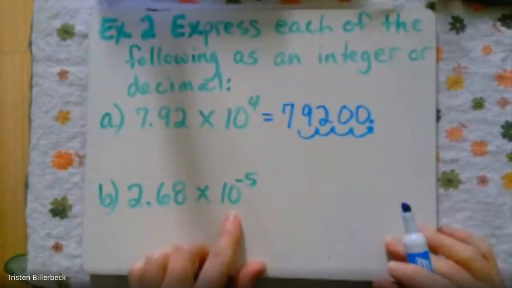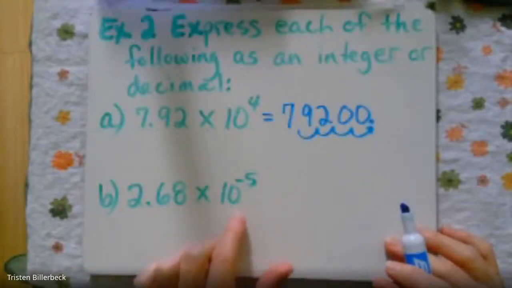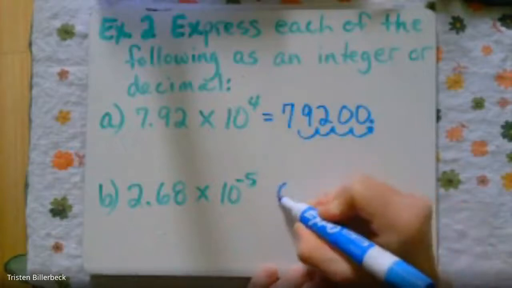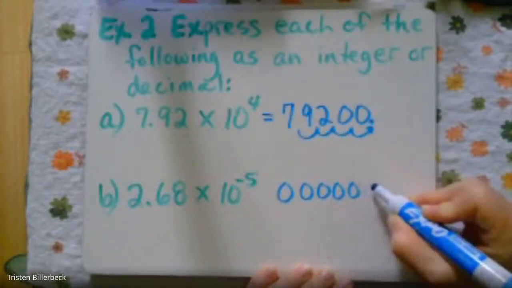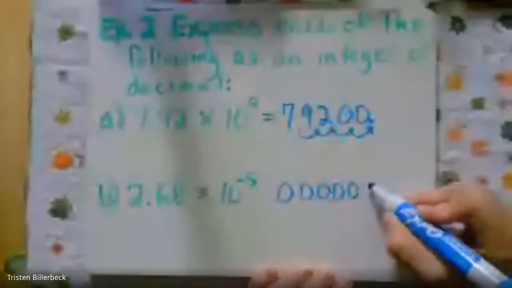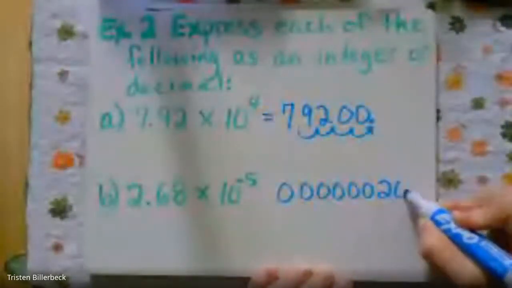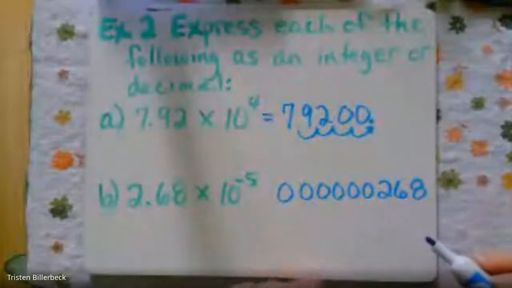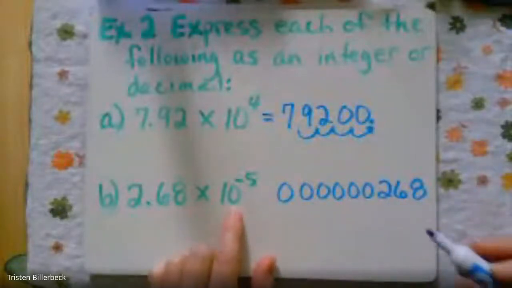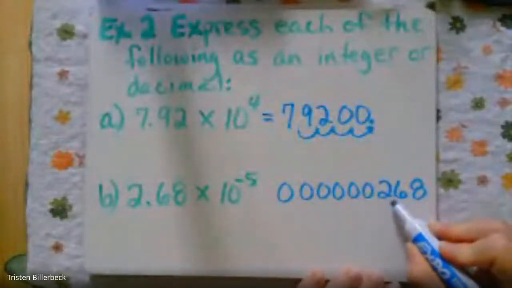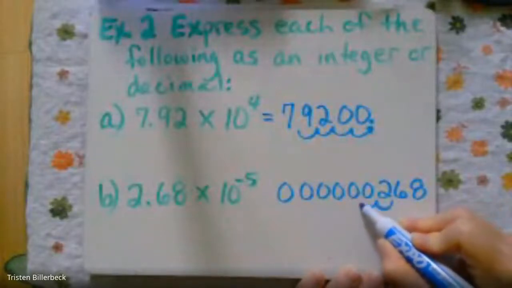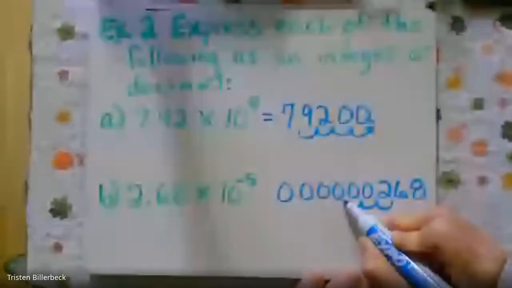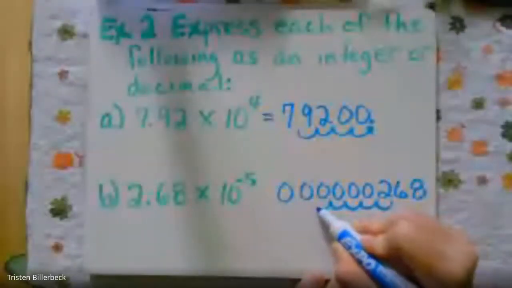This one means that we have divided by 10 this many times. So we're going to put a lot of zeros here, and then we're going to write 2, 6, 8. This means we're going to move 5 places from here: 1, 2, 3, 4, and 5.